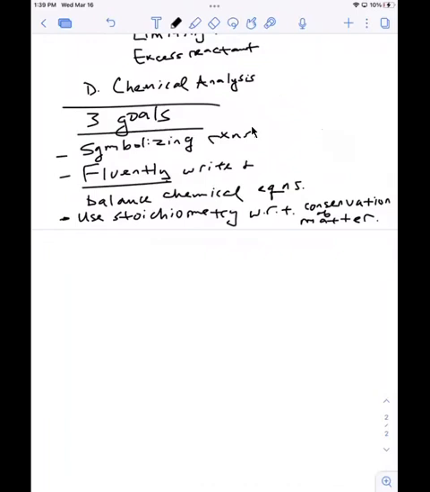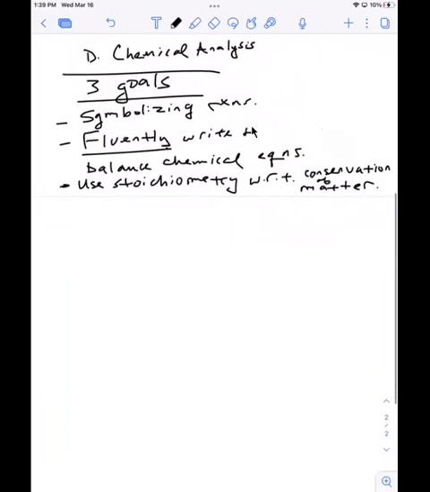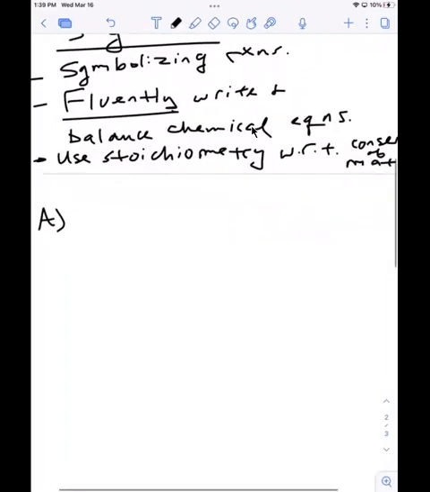So the first thing we want to talk about is how to write an equation. That's the first topic, writing and balancing equations.